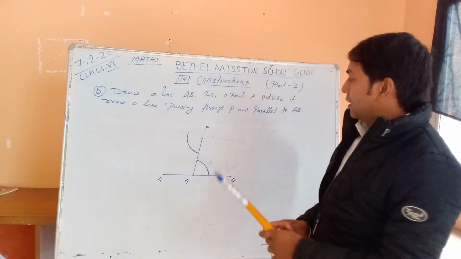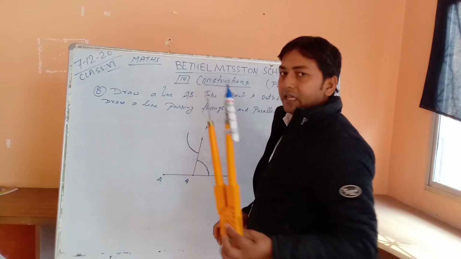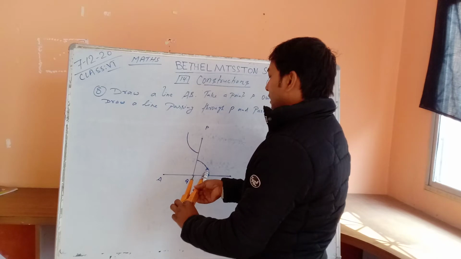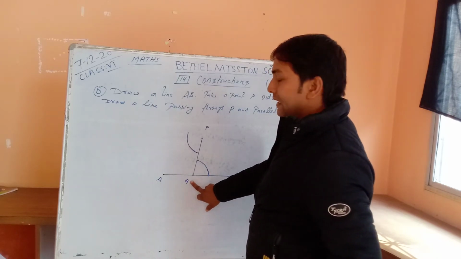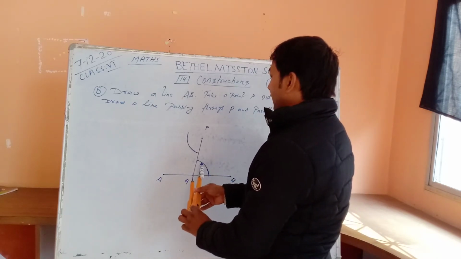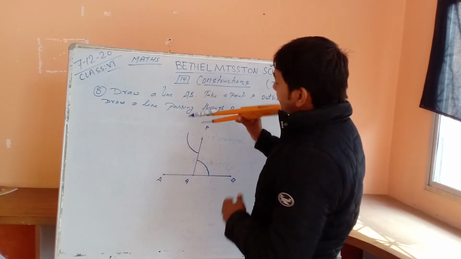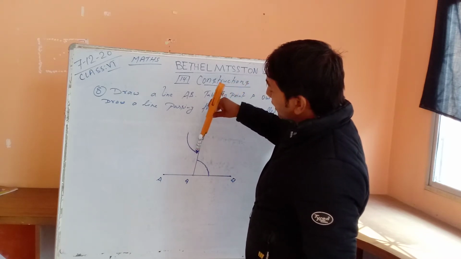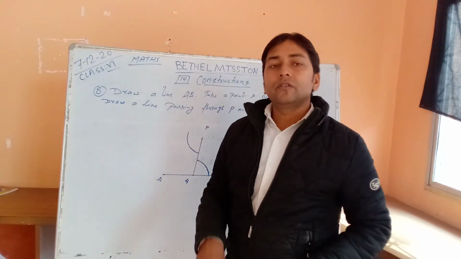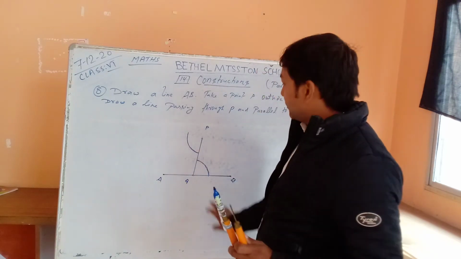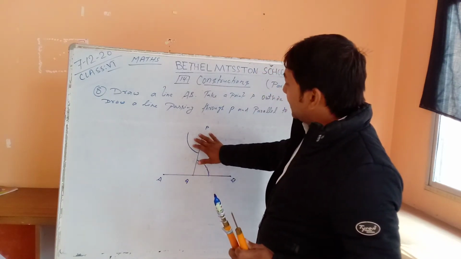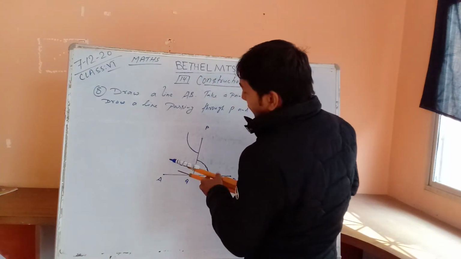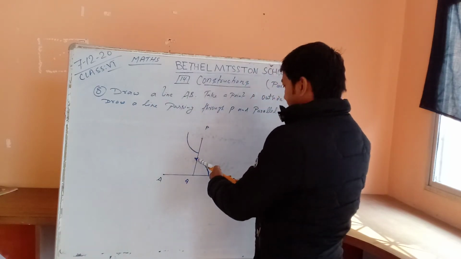First we have drawn an arc as a center Q, here, and with the same radius as a center P we have drawn here. Now your third work: you have to measure the angle.